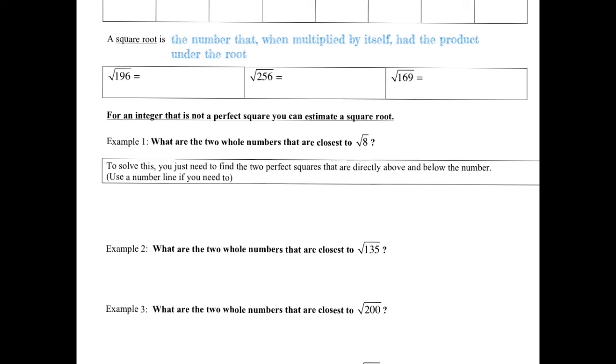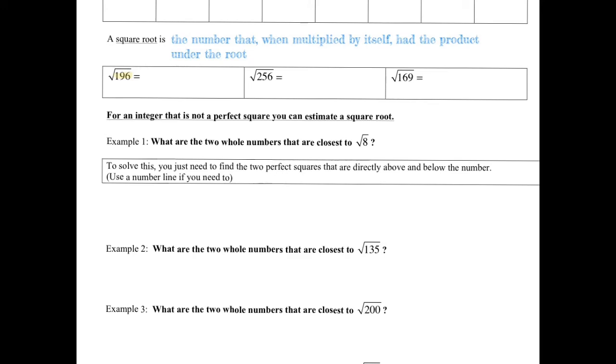So when I'm looking at these examples underneath, what I'm looking at is to see this number underneath the root symbol was created by multiplying some integer times itself. I've just got to figure out what that integer is. It's not, for example, 3 times 3, that's only 9, so it's got to be bigger.